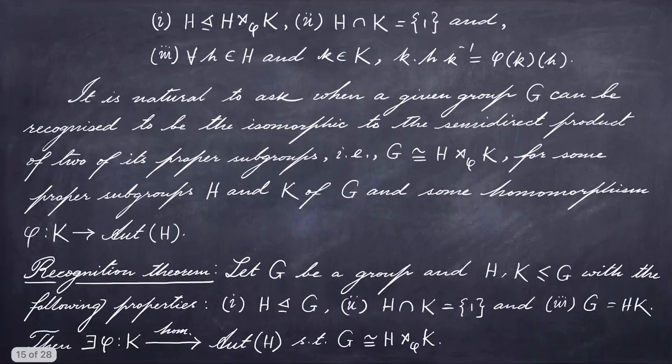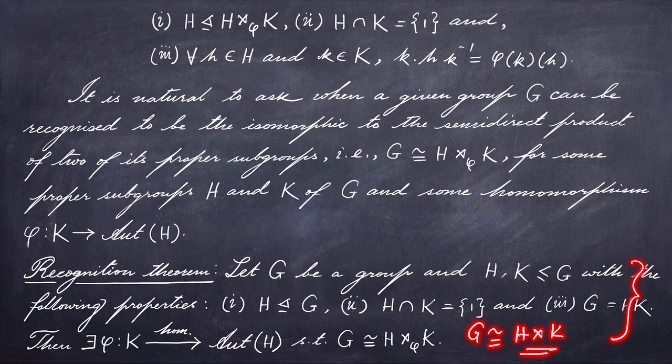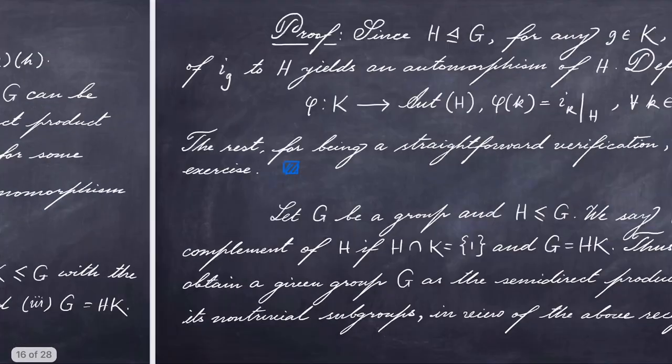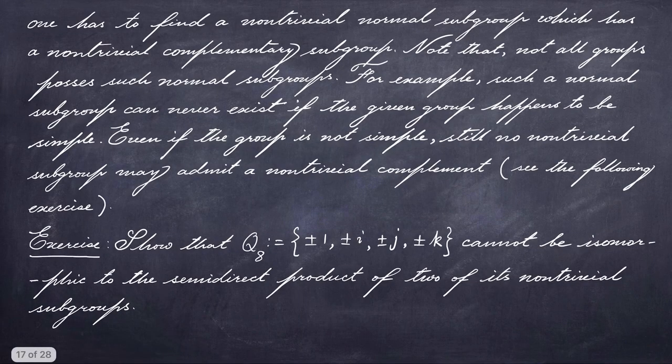Because if H is a non-trivial normal subgroup having a non-trivial complementary subgroup, then in view of this recognition theorem, G will be isomorphic to the semi-direct product of two of its proper subgroups. This is what we have to do if we want to break a given group as the semi-direct product of two of its proper subgroups.